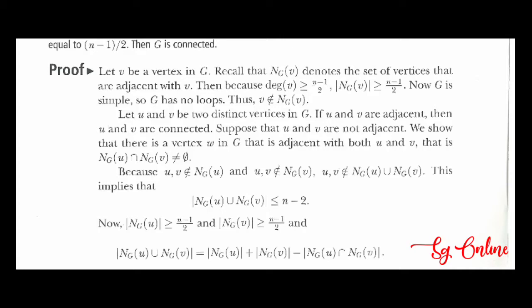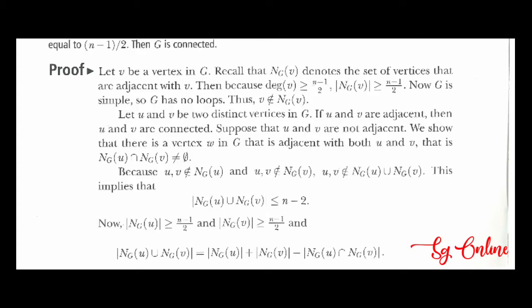So we start with two distinct vertices, and if u and v are adjacent we have nothing to do, as they are joined by a path. But if they are not adjacent, then we notice that neither u nor v belongs to their neighborhood sets, because u does not belong to the neighborhood set of u, and since v is not adjacent to u, it also does not belong to the neighborhood set of u, and the same holds for the neighborhood set of v.